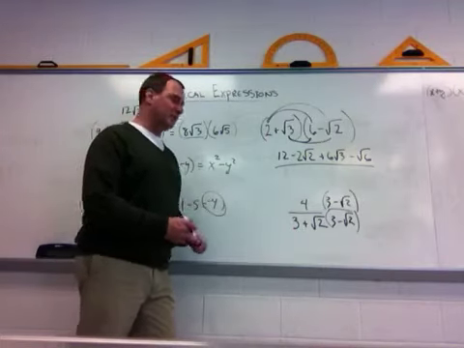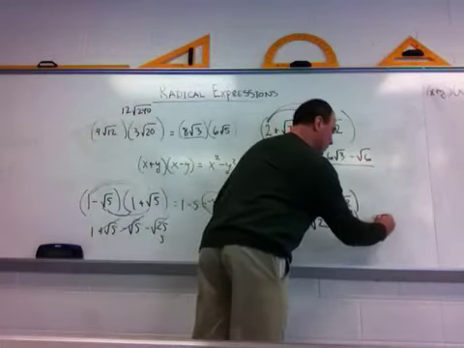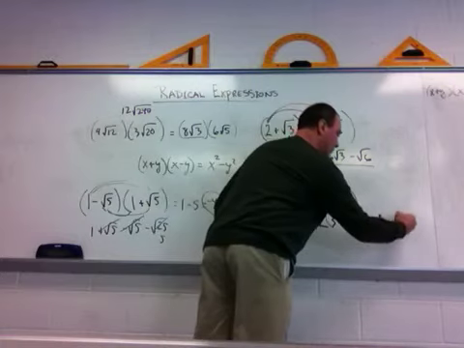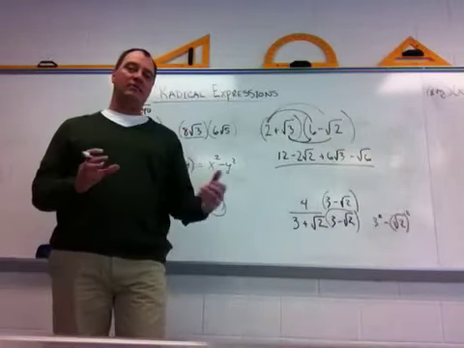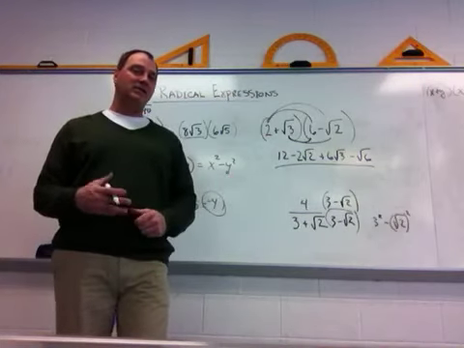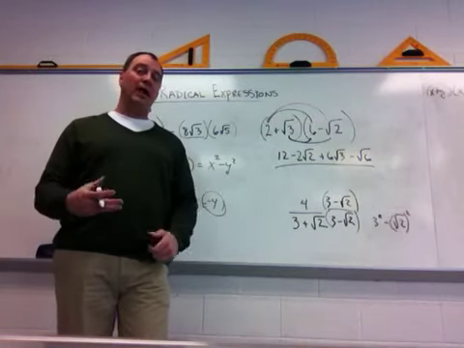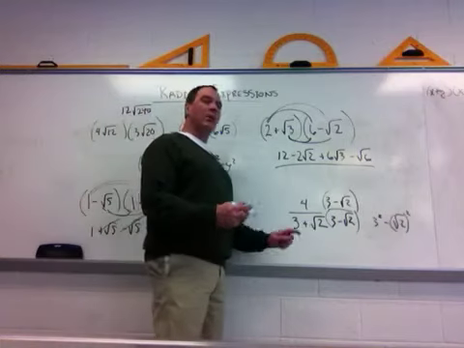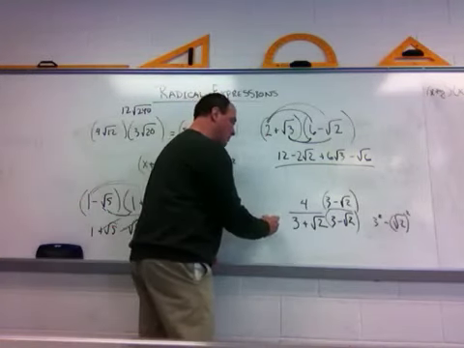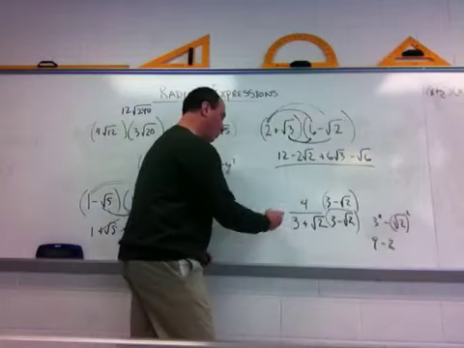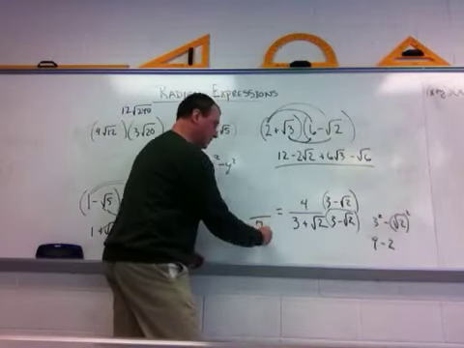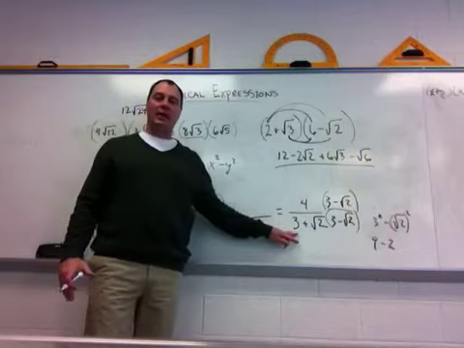So I would end up with 3 squared minus the square root of 2 squared. Now, anytime you square a square root, you get the value on the inside of that. So the square root of 2 squared would actually be 2. And so my denominator of this fraction becomes 9 minus 2, or 7. So 7 is now my denominator.